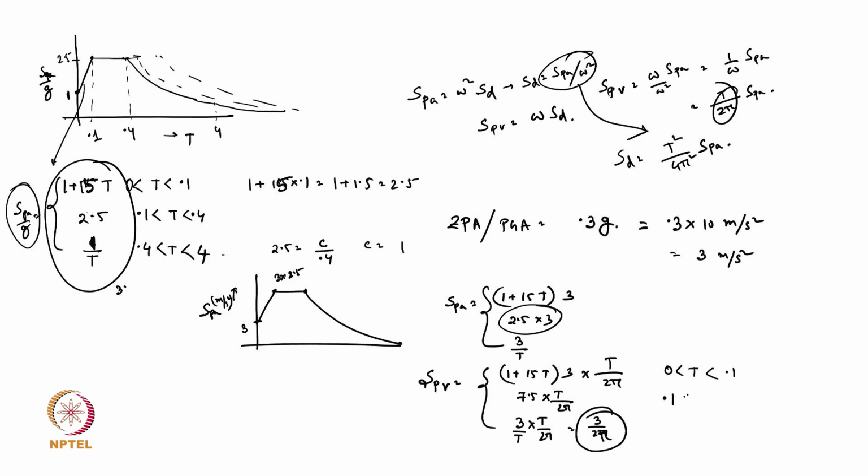This is the range 0.1 less than t less than 0.4, and this is the range 0.4 less than t less than 4. Now you see your SPV is constant in that region. You have seen that SPA was constant here, and here you see SPV become constant, and after that you can see that your SD will get constant.